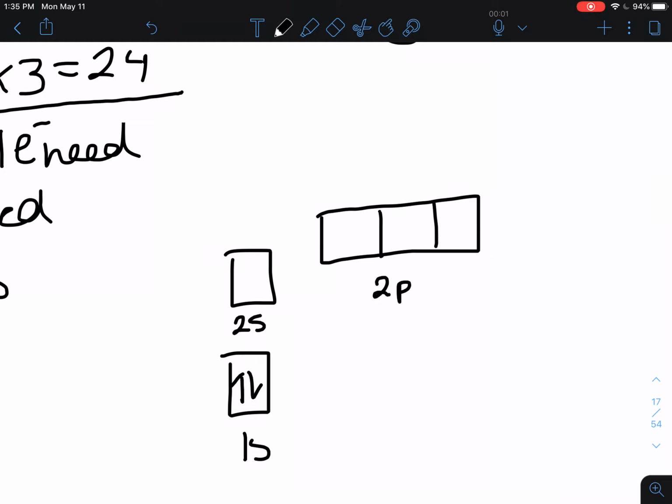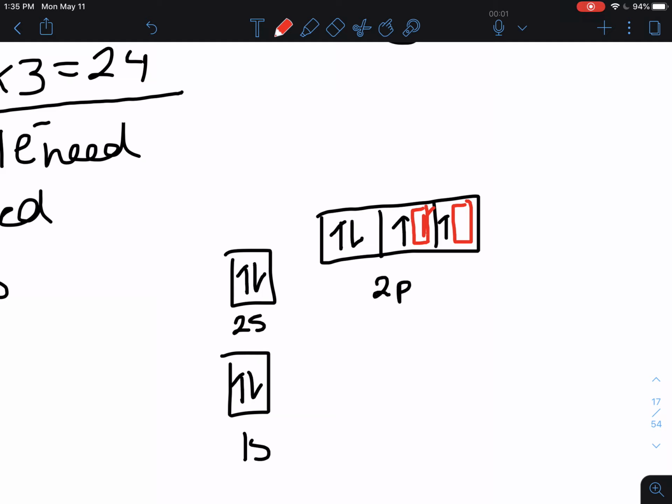Oxygen has its 1s orbital filled, and then it has 6 valence electrons: 1, 2, 3, 4, 5, 6. So when I said oxygen likes to be bound to no more than 2 things, that is because oxygen only has 2 vacant spots available to accept electrons.